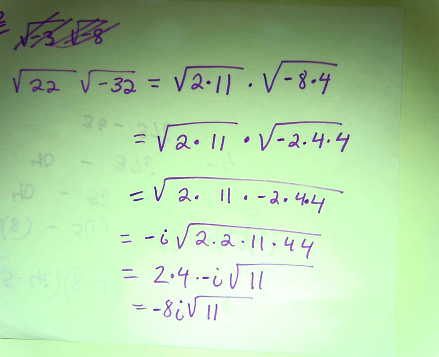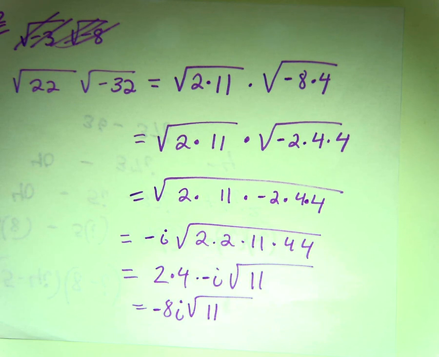So now I can multiply everything and see if I can factor it out. So I have a set of 2's. Now I cannot have a negative on the inside of the radical, so that's where that negative i comes from. So now I got the 2's, bring down the 11, bring down the 4.